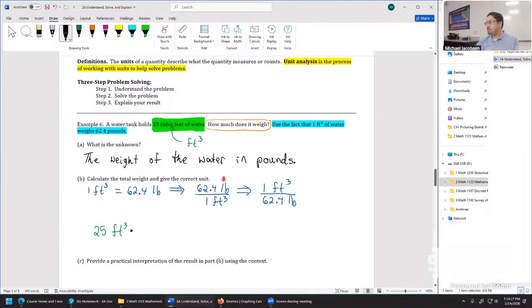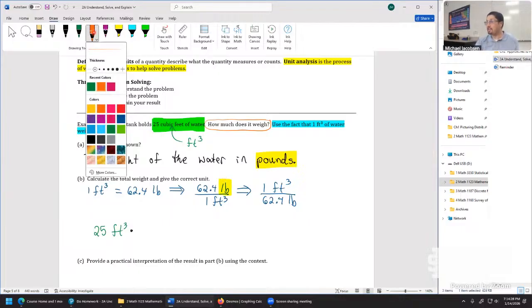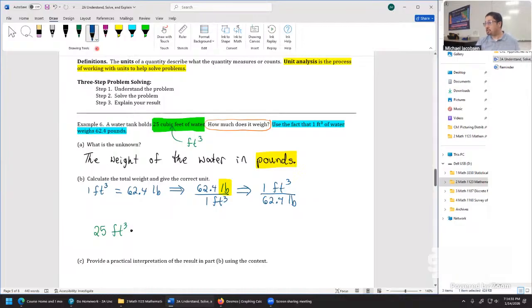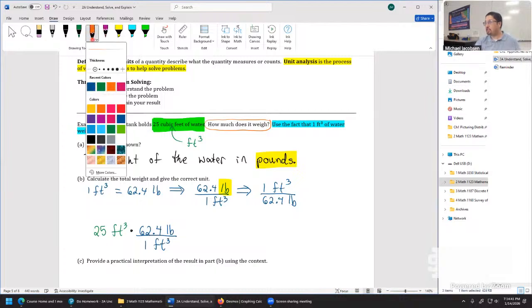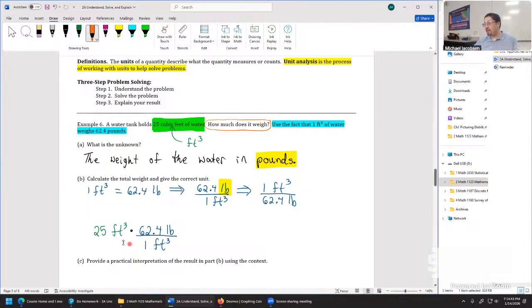The idea is we want to answer in pounds, right? This one has cubic feet in the denominator, but it has pounds in the numerator, which is the actual quantity we want. So if we take that, and as you suggest, multiply by 62.4 pounds, divided by 1 cubic foot, here's where our refreshing on fractions is starting to help out.